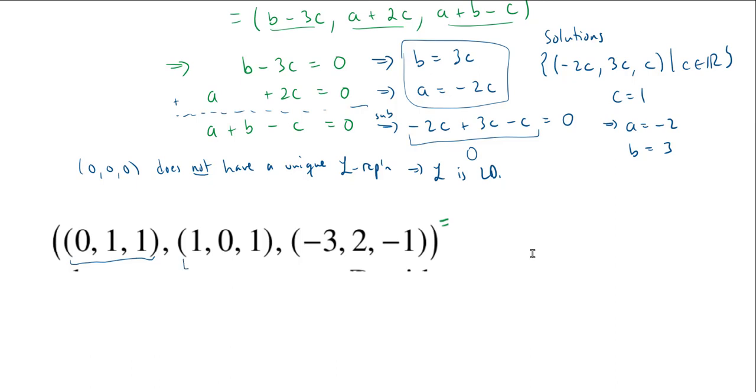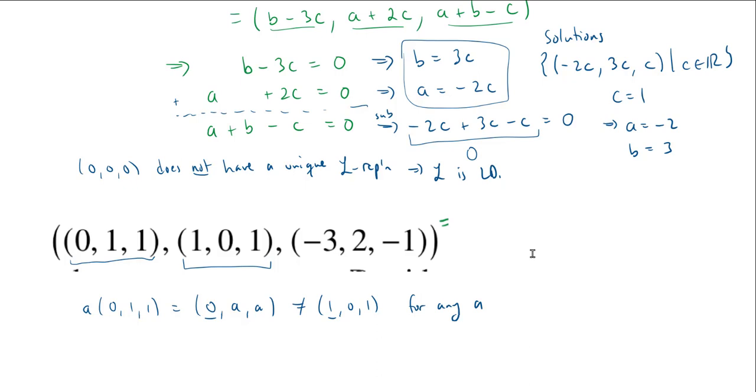So now I check 1, 0, 1. For that to be a linear combination of the previous vectors, it would have to be a scalar multiple of 0, 1, 1, which cannot be. If I take any scalar multiple of 0, 1, 1, this is going to be 0, A, A. And that's definitely not equal to 1, 0, 1 for any A, because you can see the first component, they don't match.